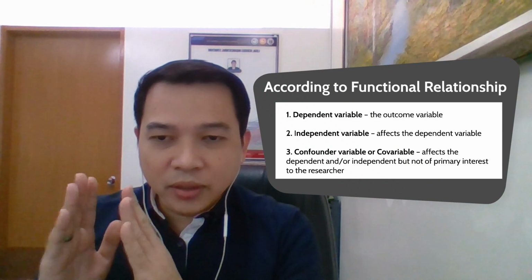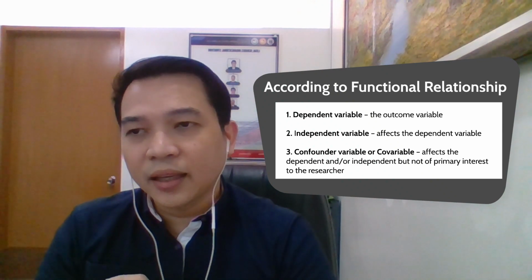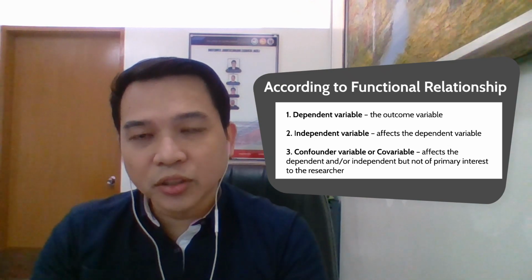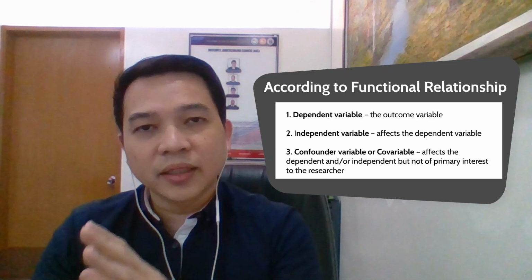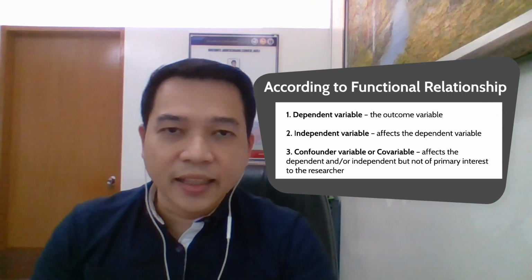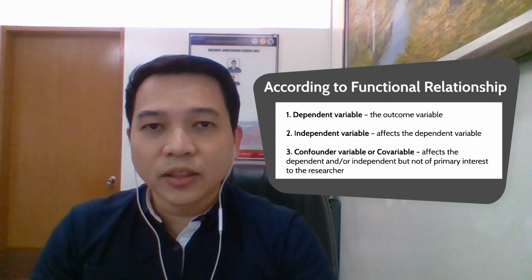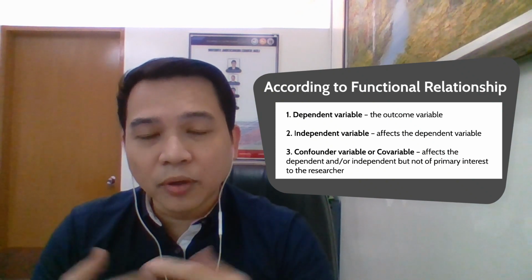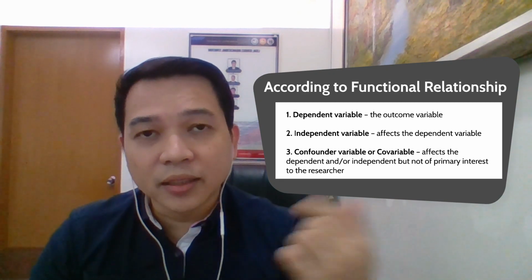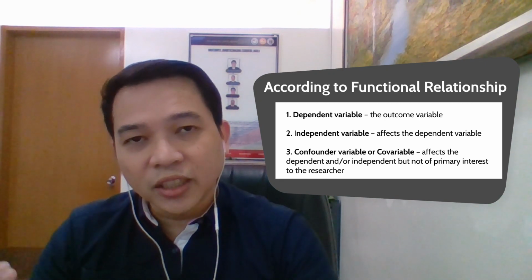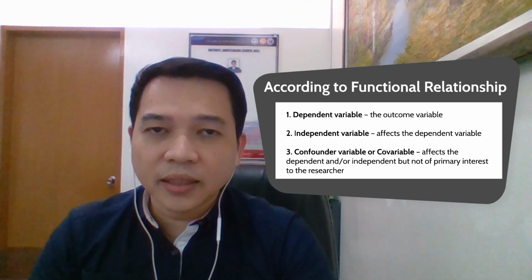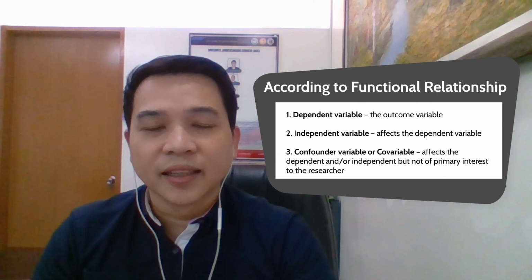If you try to look into the study hours of a student and see whether students who have longer study hours and students who have shorter study hours differ in their learning outcomes or their understanding or their performances in school, then you might jump to the assumption that the higher or the longer the study hours, the higher the learning outcomes. And inversely speaking, the fewer the study hours, the lower the grades.